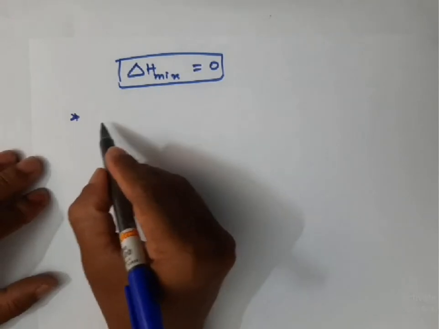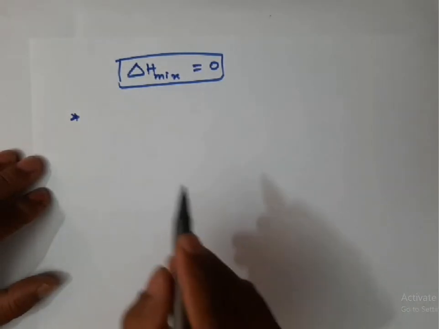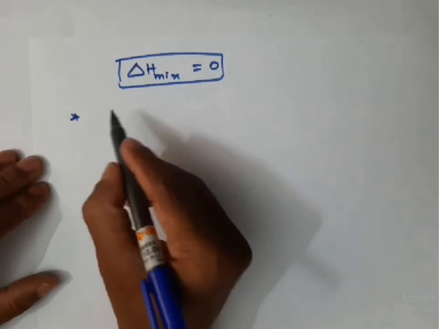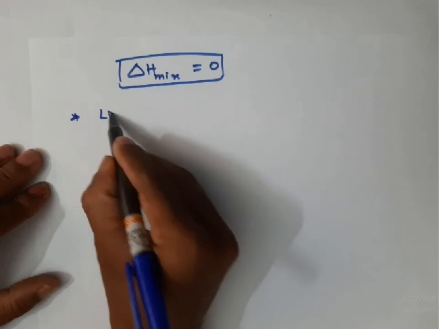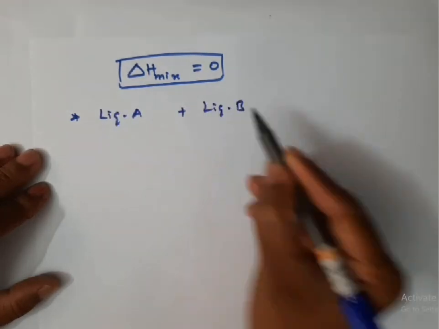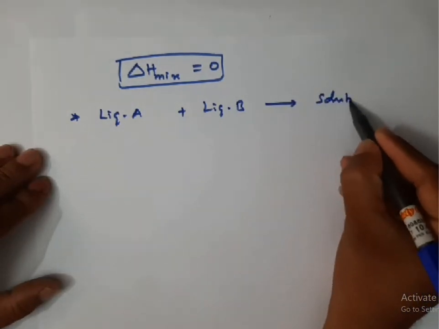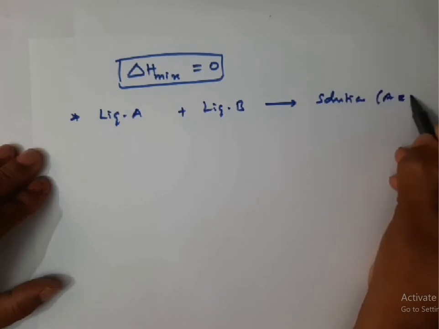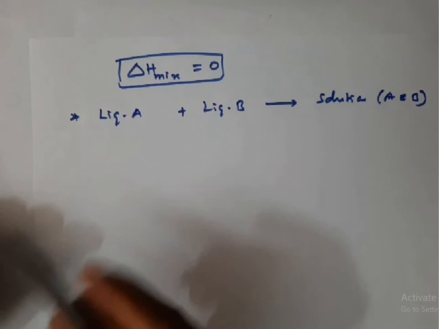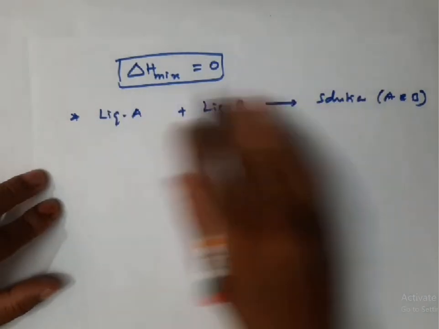When you mix liquid A and liquid B and form a solution, entropy. Let me write like this: liquid A, liquid B, forming the solution containing A and B. In the case of ideal solution, you know very well, the force of attraction between AA, BB, AB all are the same.